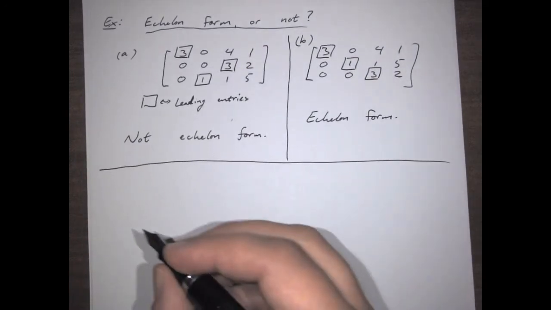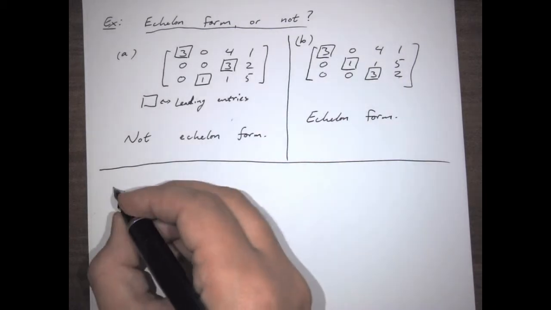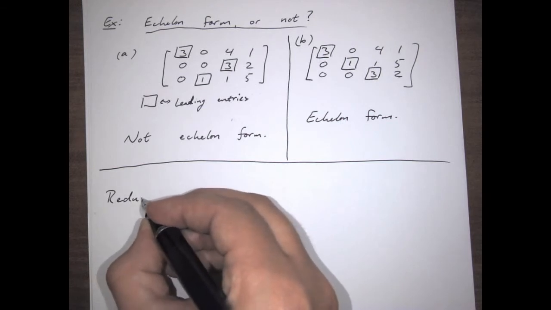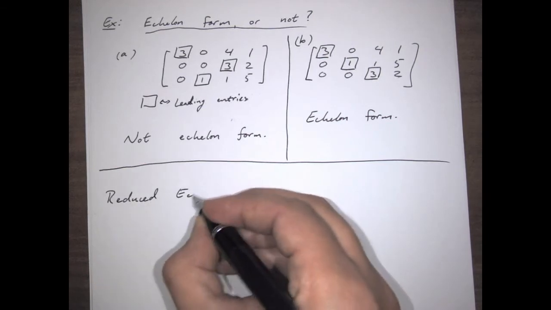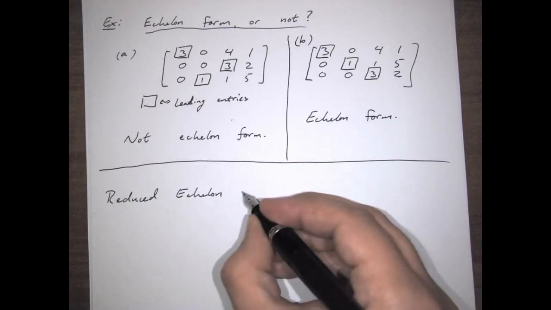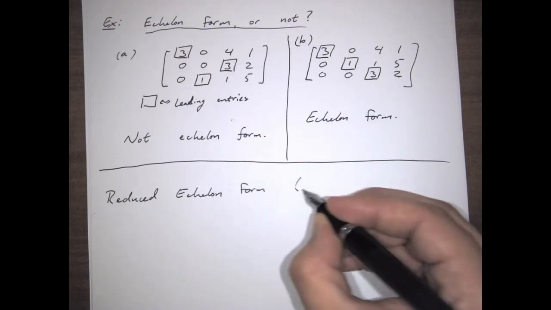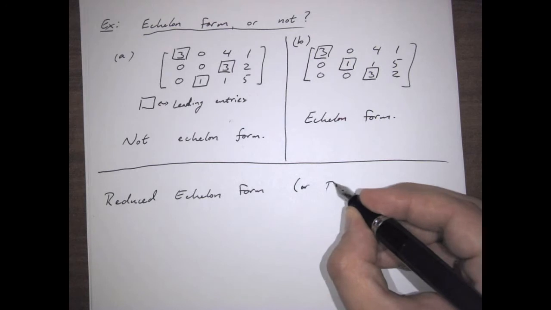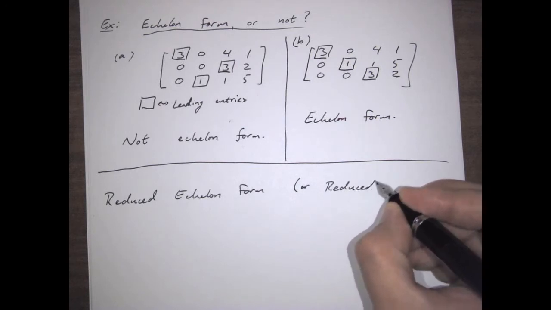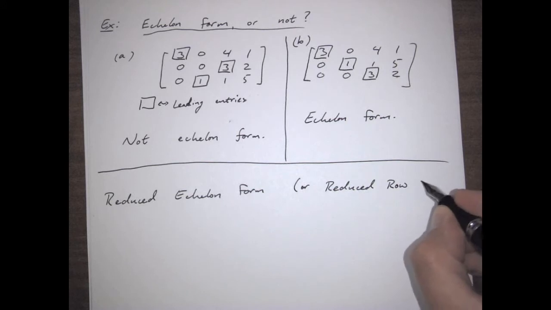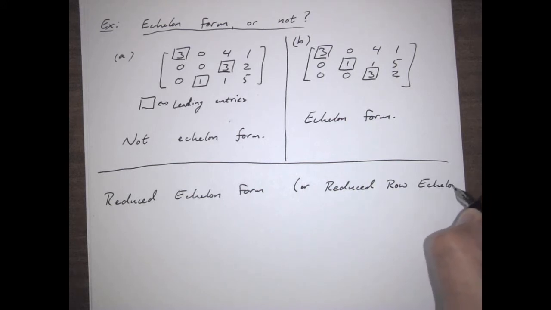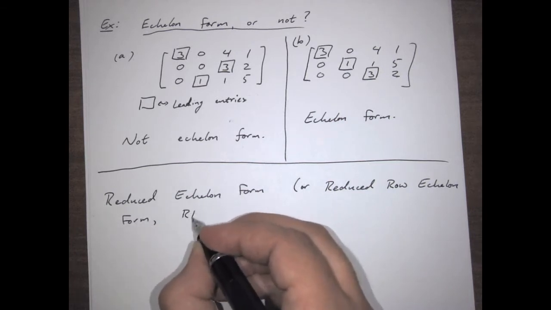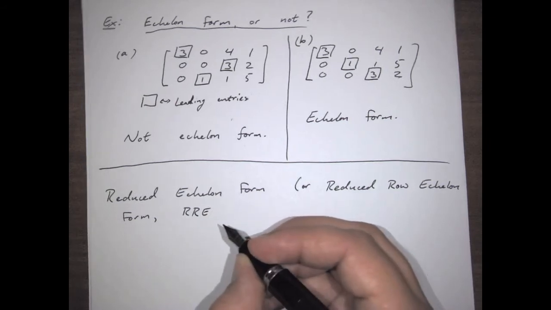However, there's a better, upgraded version of echelon form, which is called reduced echelon form, or also called reduced row echelon form, which is abbreviated, especially again in calculators, as RREF.